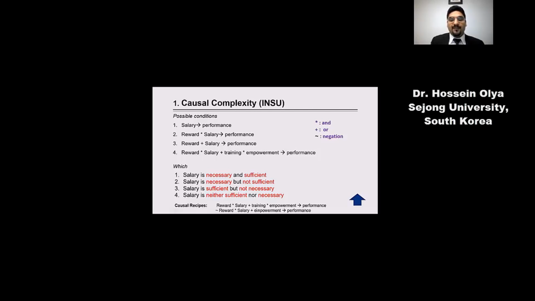This helps us to consider the contrarian cases as well. Normally, you know that if you have a reward system, you will get performance. But there are some employees that if you don't have a reward system, still the performance is high.